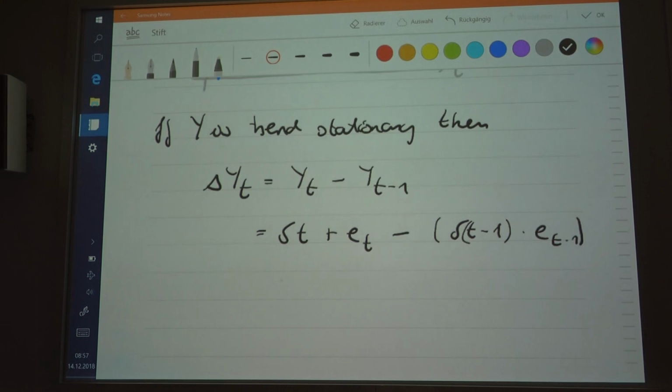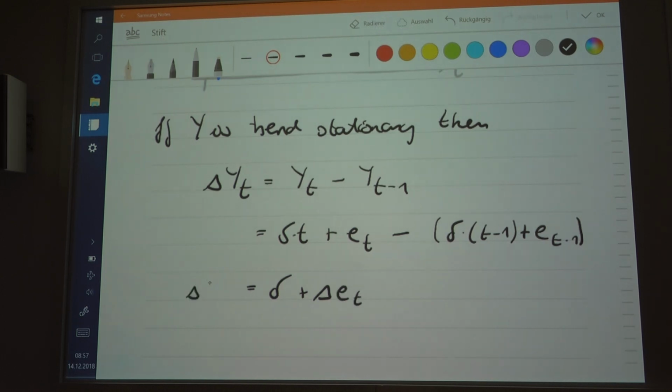Maybe I should write that a little clearer. So here you have delta times t minus 1, and then plus e t minus 1. If you have delta t minus delta times t minus 1, then you get delta as a result. So this is going to be delta, and here you have e t minus e t minus 1, which is the difference of the noise.